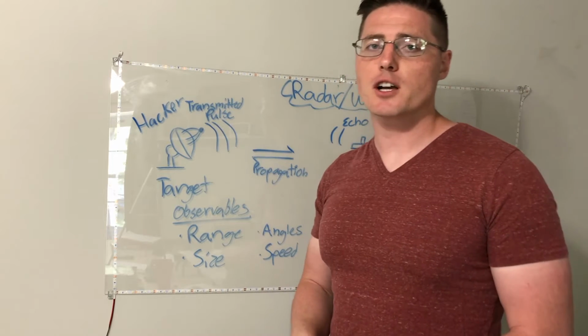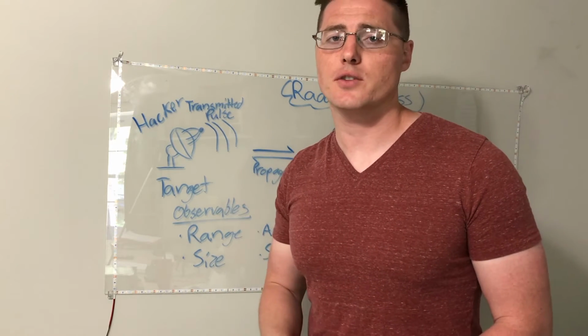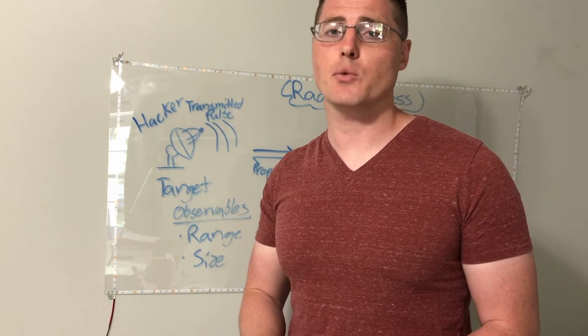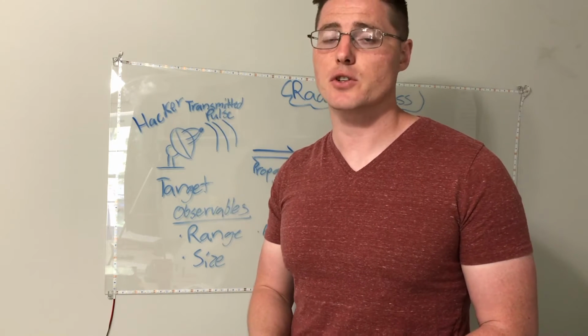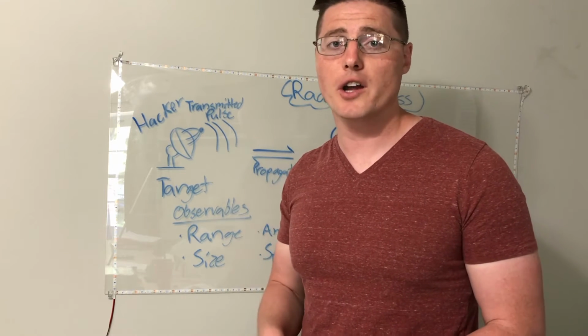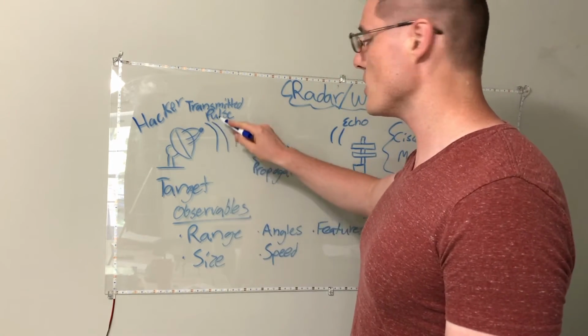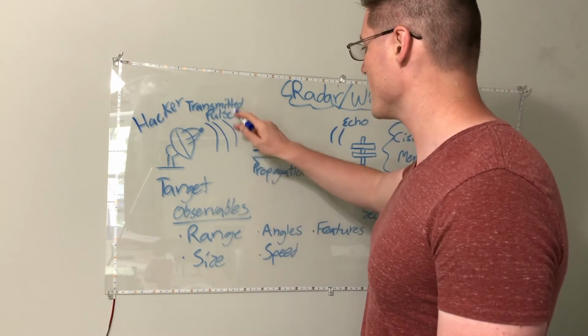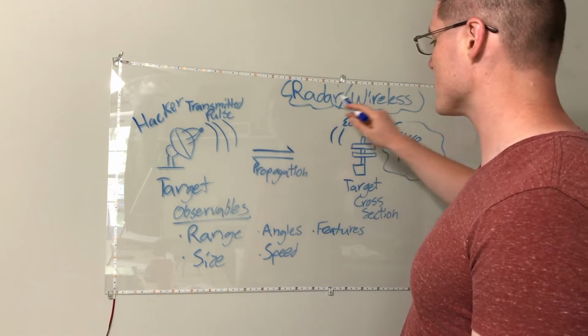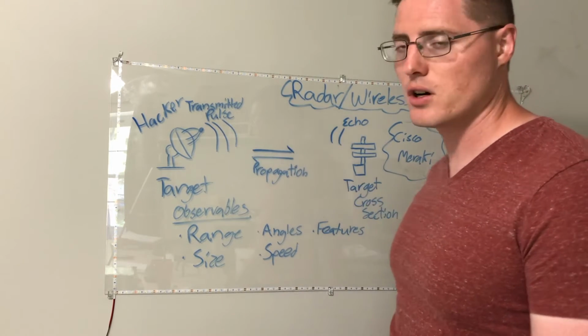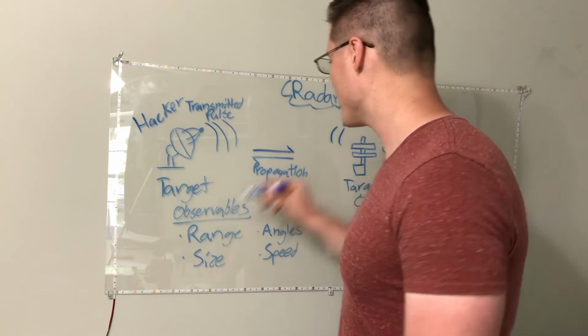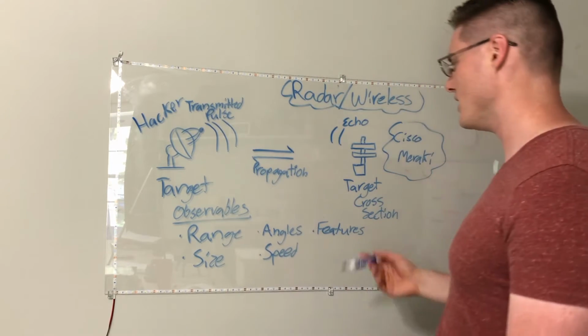Later on we'll talk about how you encode different data within waveforms and what your encoding scheme is going to be associated with layer 1 or the physical medium. But in this scenario, we'll just say it's transmitting a pulse. That pulse is propagating through free space, and it's hitting our target.